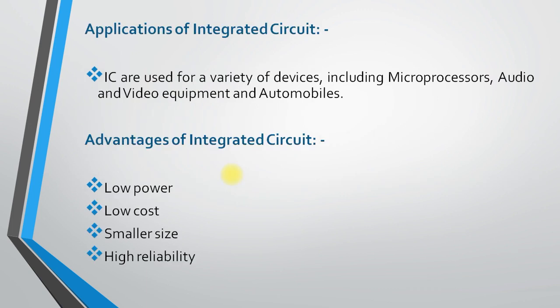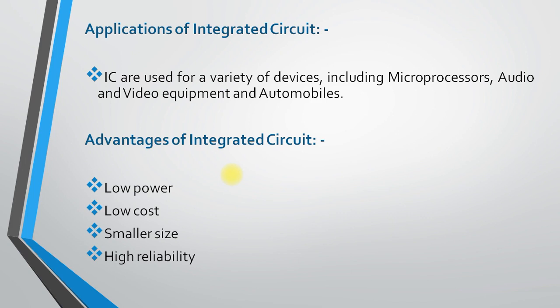Here are the applications and advantages of integrated circuit. The integrated circuits are used in a variety of devices which may include microprocessors, equipment related to audio and video, or in the field of automobiles.